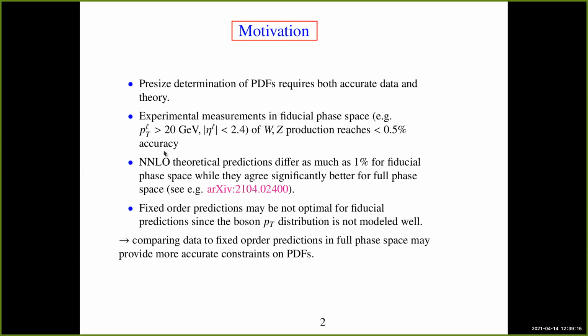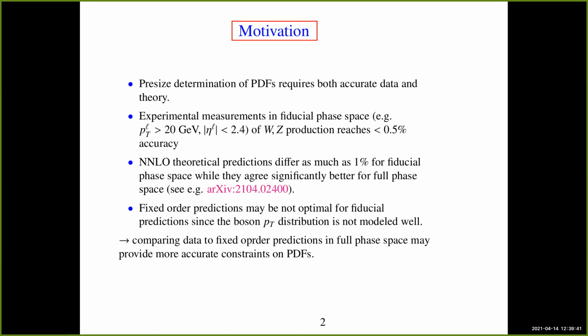In particular, for W and Z production, typical cuts would be on pT, which is a trigger requirement, and on the pseudorapidity of the lepton, which is the acceptance of the calorimeter. If we do this, we still can get extremely precise measurements, sometimes better than 1% accuracy, sometimes 0.5% accuracy. This we reach already with 7 TeV data.